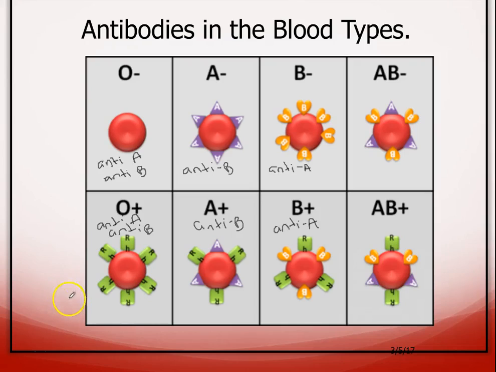Now, you might be going right now, all right, well, what about this RH? What's the deal here? These guys have RH, these don't, so shouldn't we have an anti-RH here? And you are 100% correct. However, the anti-RH is a little bit unique. Okay, so here's anti-RH. And you're right, all of these guys will have it, all of them. The O negative, A negative, B negative, AB negative.